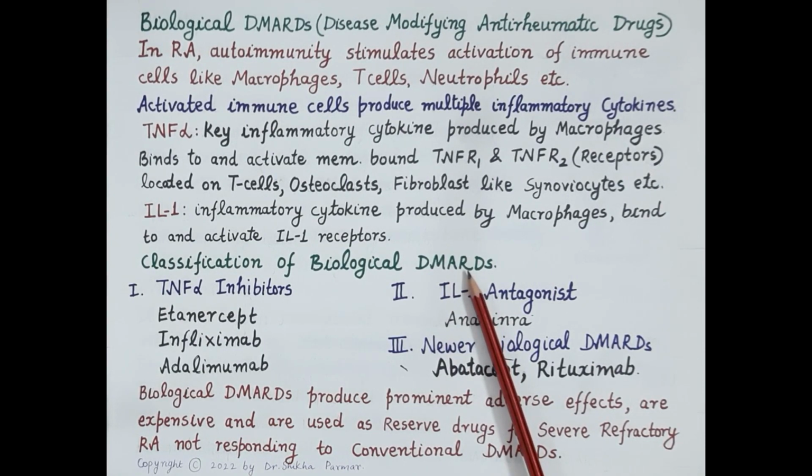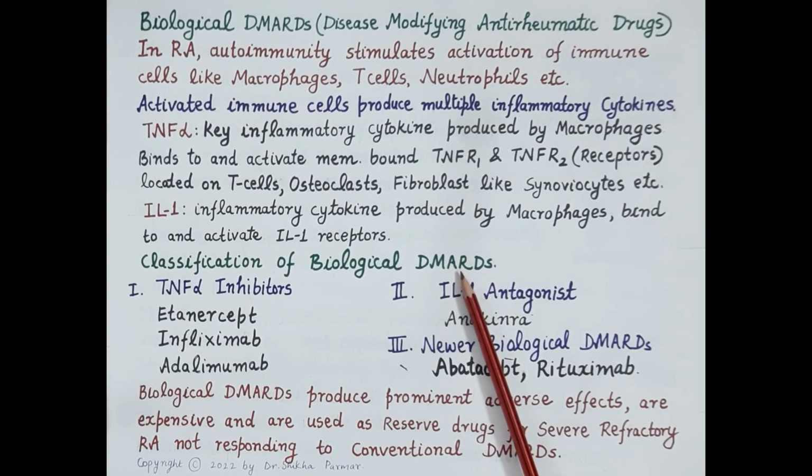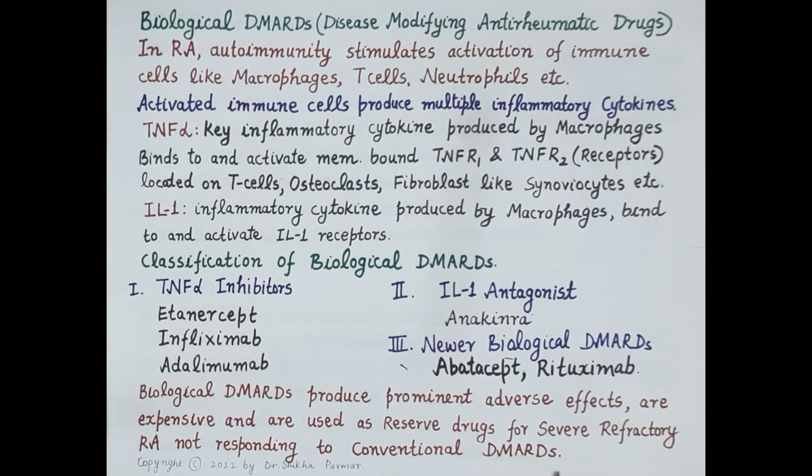So first, non-biological DMARDs are used in the treatment of rheumatoid arthritis, and if these non-biological DMARDs do not produce a good response, then biological DMARDs are used. So biological DMARDs produce prominent adverse effects, are expensive, and are used as reserve drugs for severe refractory rheumatoid arthritis not responding to conventional DMARDs.